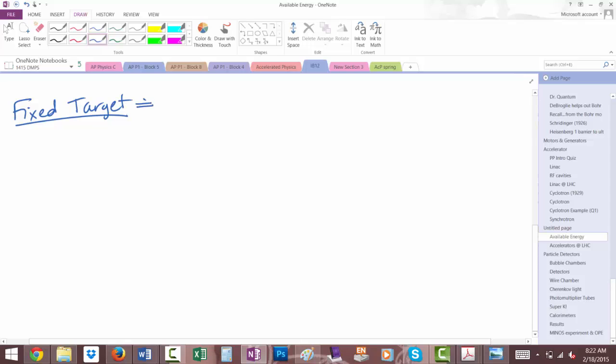There's a relativity factor that has to be thrown in. And so this is where we say, okay, and we're not going to go through the derivation of where it comes from.